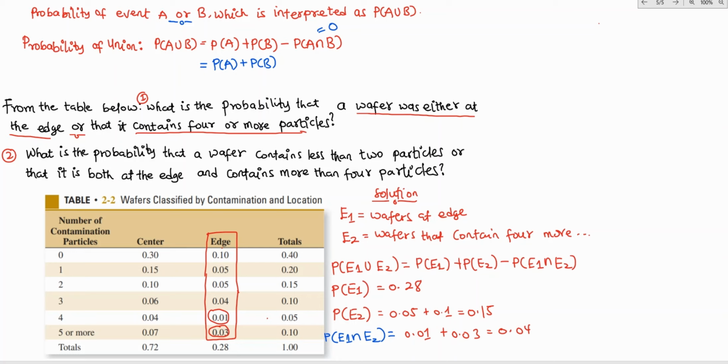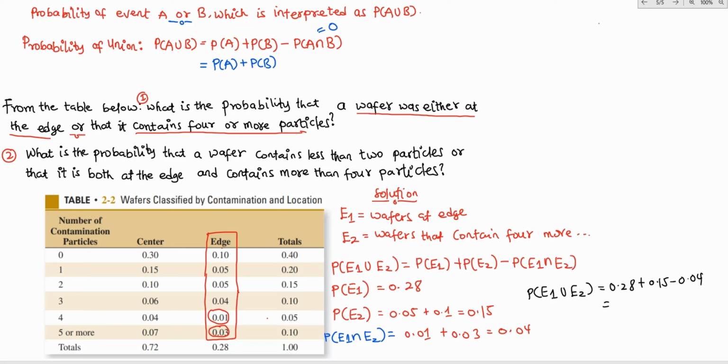So now you have all it takes to get our answer. The probability of E1 union E2 is equal to the probability of E1, which is 0.28, plus the probability of E2, which is 0.15, minus the probability of E1 intersection E2, which is 0.04. So let's simplify this and see what you are going to get.